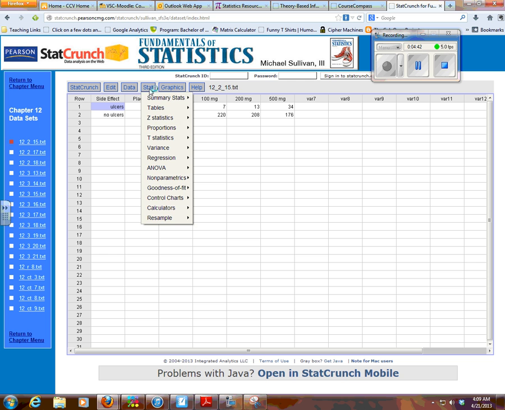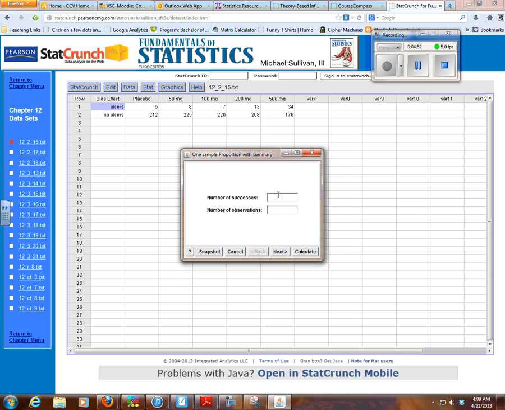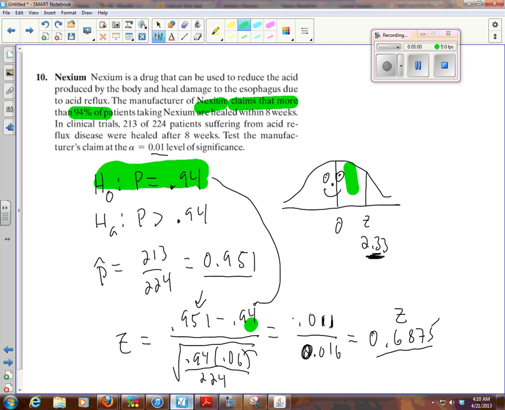Okay, and what we're going to run is a test of proportions. We've got stat, proportions. We're going to get one sample with a data summary because we don't actually have the data. So there were 213 out of 224.